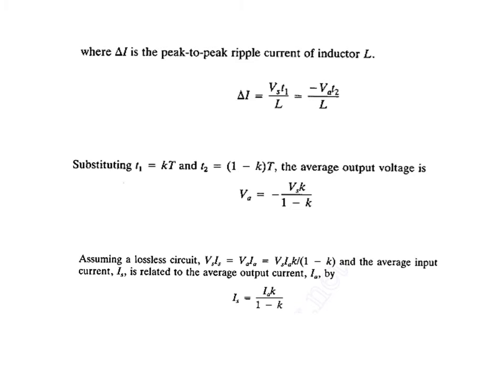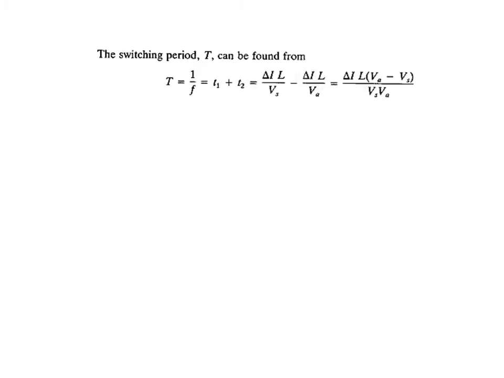So we have two time intervals, T1 and T2. Thus the switching period can be found as T = 1/f = T1 + T2. Now substituting the values of T1 and T2, we get the switching time period T = ΔI L (Va - Vs)/(Vs Va).